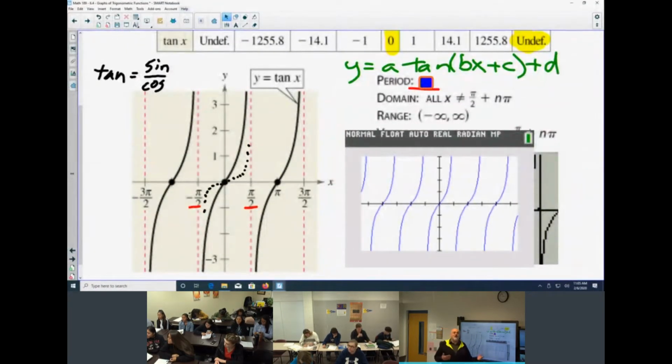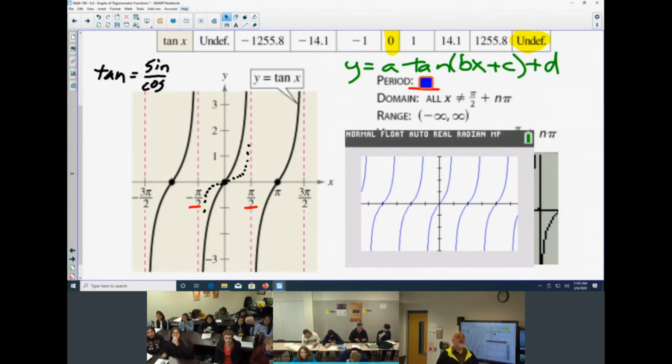How would you put in cotangent? For the practice problem, I'm wanting you to graph cotangent. So how would you put that in your calculator? How do you put in cotangent to graph it? Because there's no cotangent key.